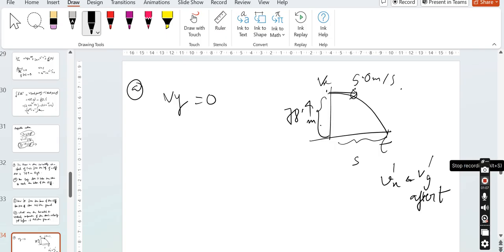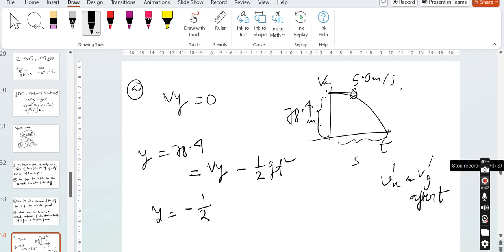So y, which is 78.4 meter, is equal to vy minus half of gt square. So y is equal to minus half of gt square. So t square is equal to minus 2y by g.